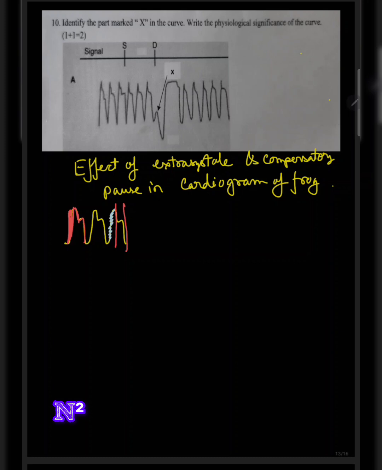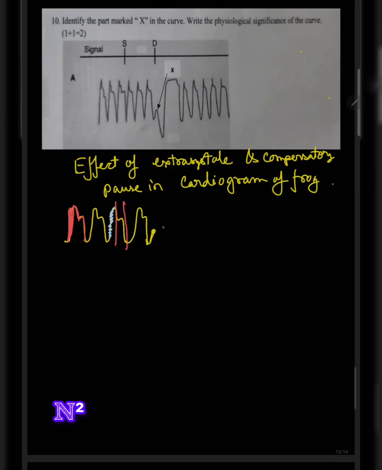If supposedly we are giving a shock to the frog on the upstroke area, okay, supposedly I'm giving a shock when the cardiac tissue is in the relaxation period, supposedly this is the point. Okay, so what will happen immediately, because of this extra stimulation, we are going to get a systolic curve.